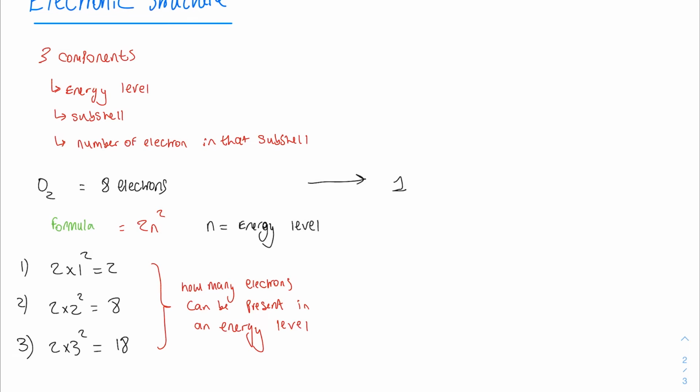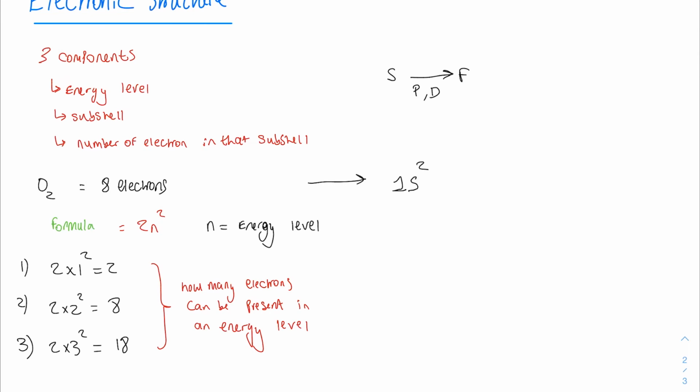Electrons fill from S through to F. So they start from S and they finish with F, and in the middle are P and D. So oxygen would start off as 1s, and how many electrons can the S hold? 2. So that is the first energy level complete.